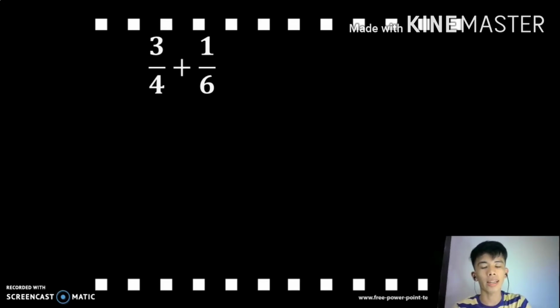And paano iyon? Halimbawa, 3 over 4 plus 1 over 6. So, they are dissimilar fractions. Magkaiba yung denominator. Kaya nasabi natin dissimilar. So, ang unang gagawin or the first step is to find the LCD. Ano po ang LCD or the least common denominator? So that is the least number that can be divided by both denominators.